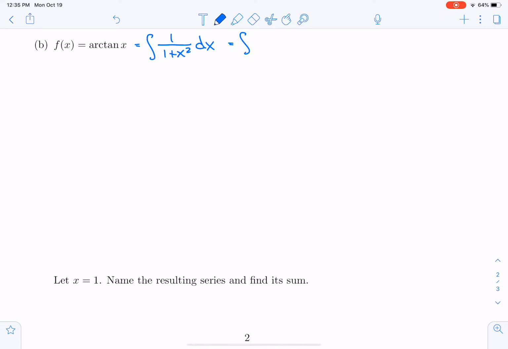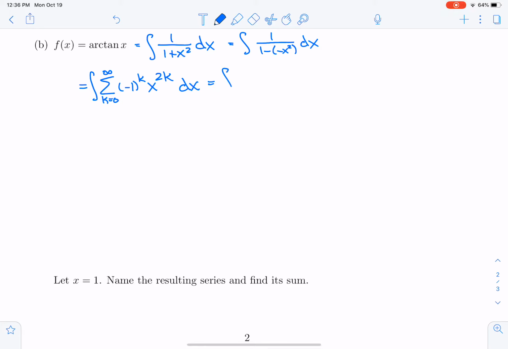We can think about this as being 1 over 1 minus a negative x squared. And that is a series that we found in the previous video. We saw that that series was the sum from k equals 0 to infinity of negative 1 to the k x to the 2k.